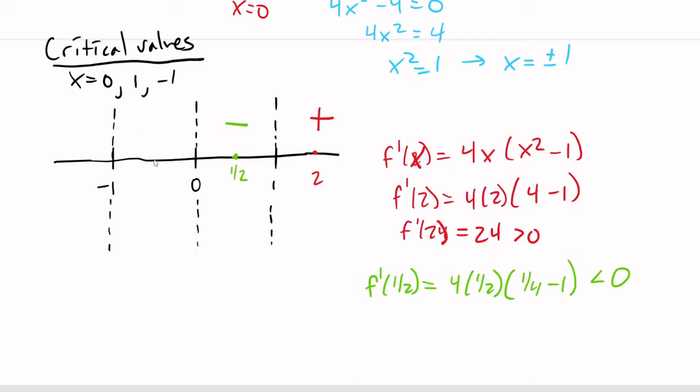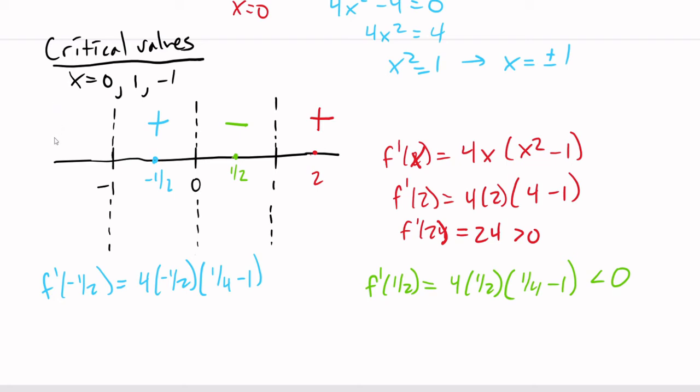So now let's try negative 1/2. f prime of negative 1/2 is 4 times negative 1/2. Negative 1/2 squared is still just 1/4. Positive, negative, negative. I'm increasing everywhere in here.